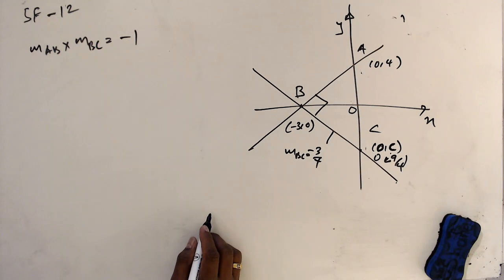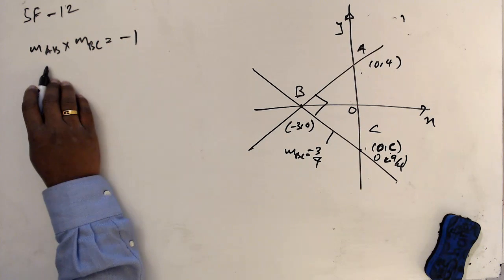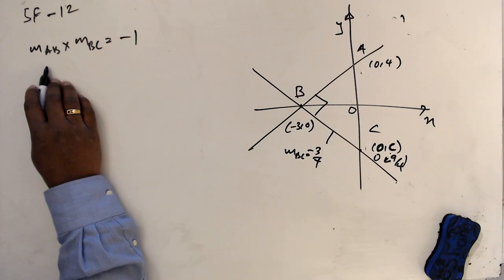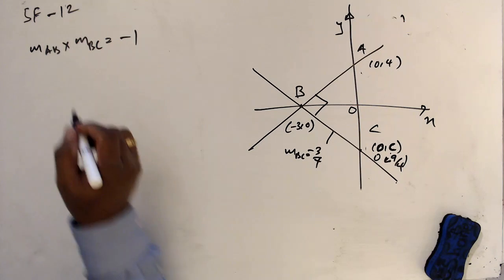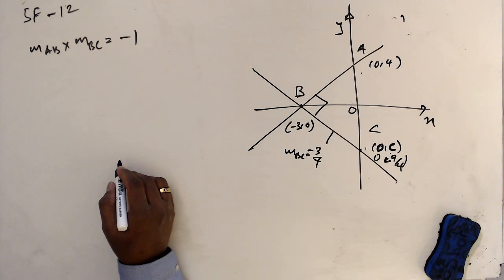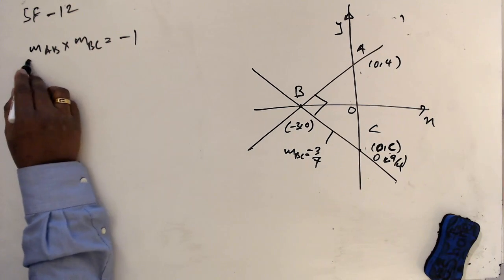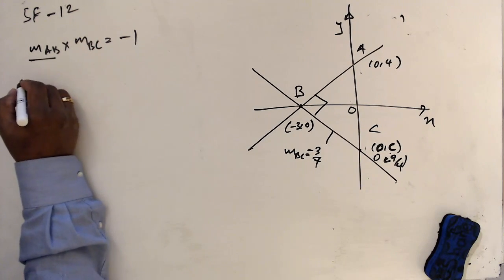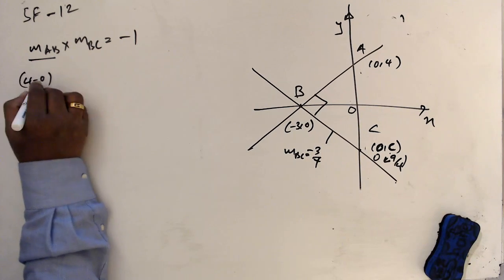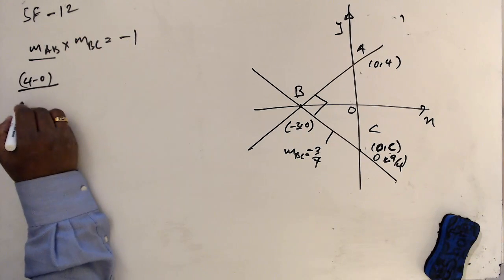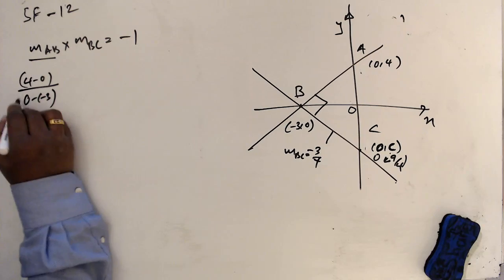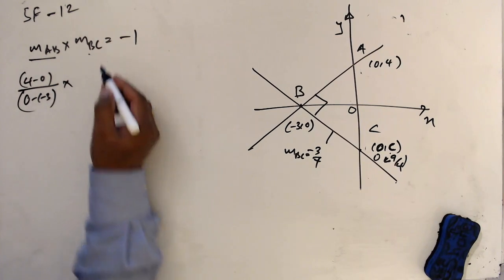The gradient of AB is 4 minus 0 over 0 minus minus 3, times the gradient of BC.